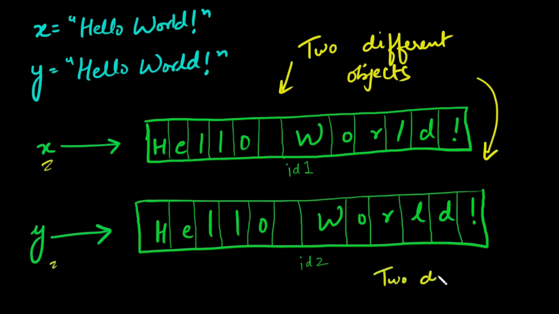So that's why when we check if x is y, we can see that they aren't the same, because they are pointing to two different objects. So that's why it returns false when we apply the is operator. But since they both contain the exact same value, when we apply the equal to operator, it returns true.